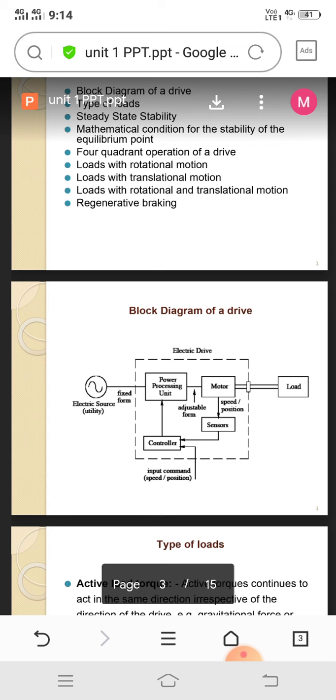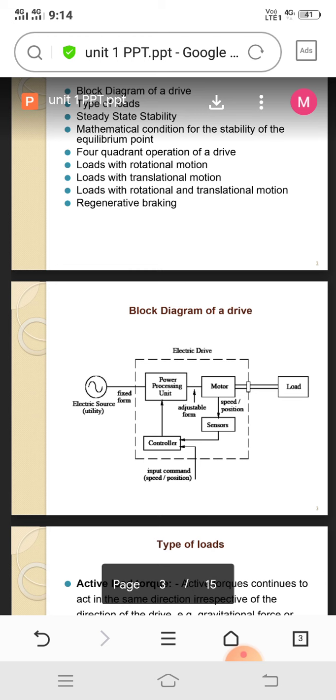Again I have to say, drive means a group of components, or a lot of components, connected to each other for a single work or single work output by controlling a particular element. That is called a drive.